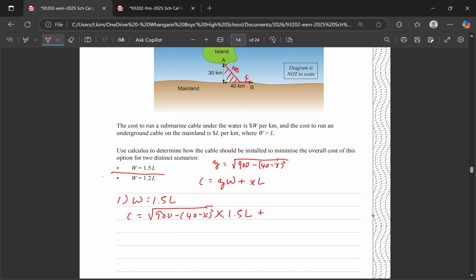Oh, I'd rather say LX, because we are going to differentiate in terms of X soon. So I can rewrite this square root with the index, and at the same time, I'm going to expand. So that's bracket 900 plus 40 squared is 1,600.